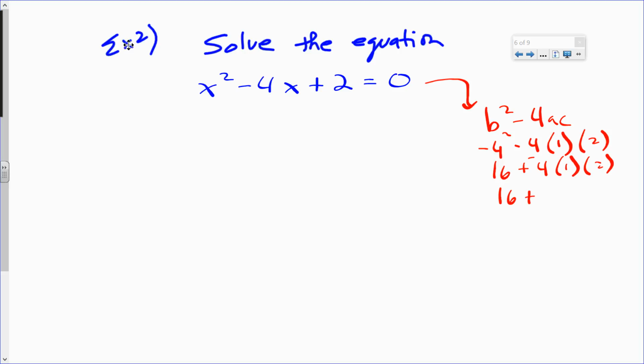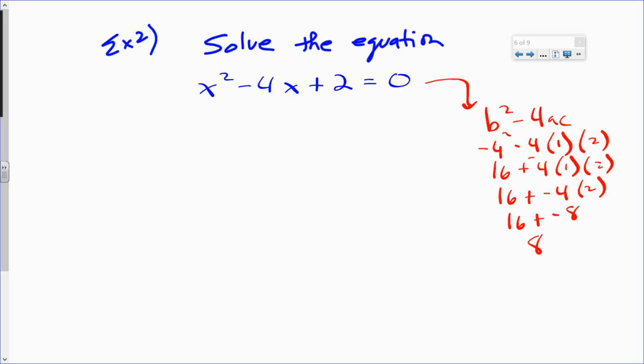Nice. So this is a -4 times a 2, yeah? Careful here. I got a 16 plus a -8 now. That's a +8, huh? Is 8 a perfect square?